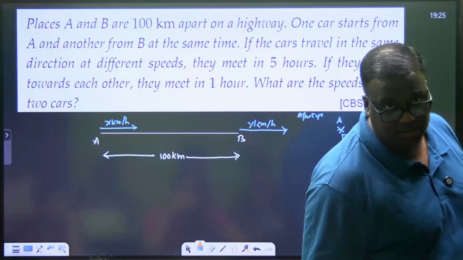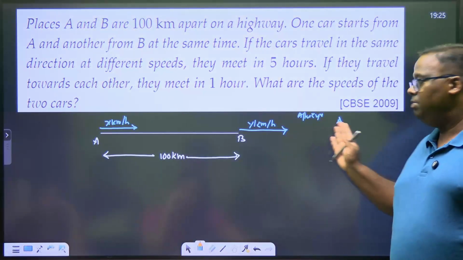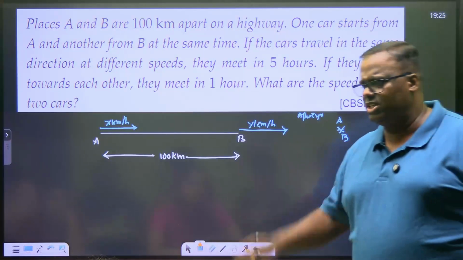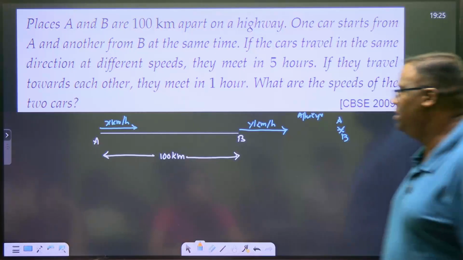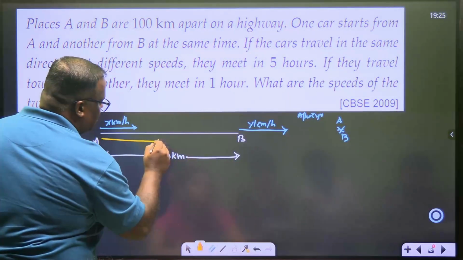Whenever there is some important discussion, at that time this camera has to conk off. So A and B will be meeting after 5 hours. Agreed? Now, if they travel towards each other, then they meet in 1 hour. Means our second scenario is if they travel towards each other.